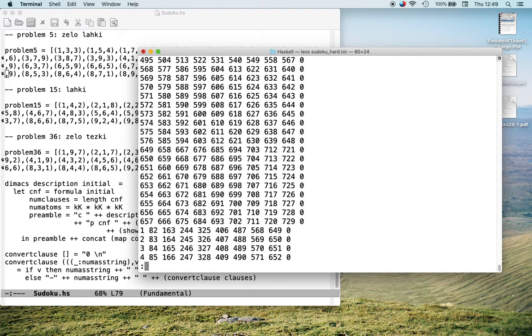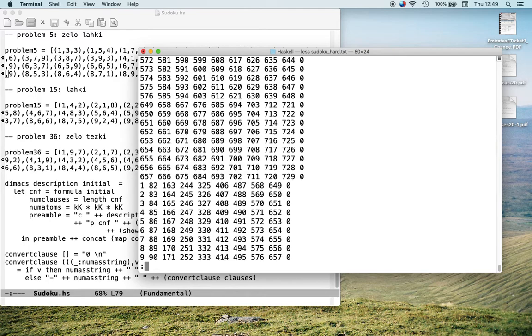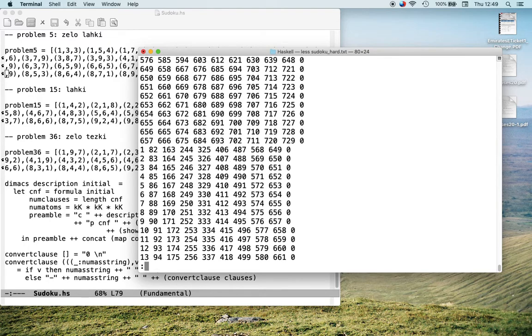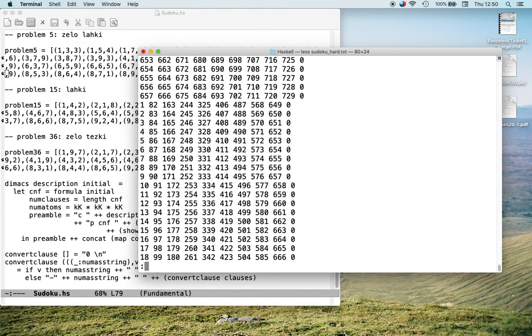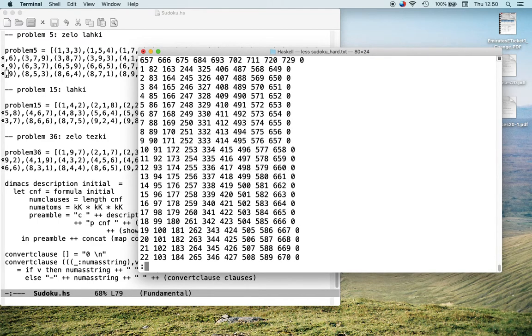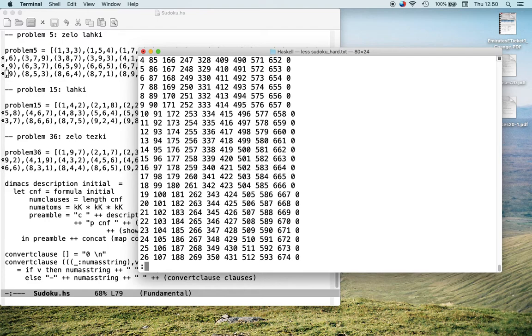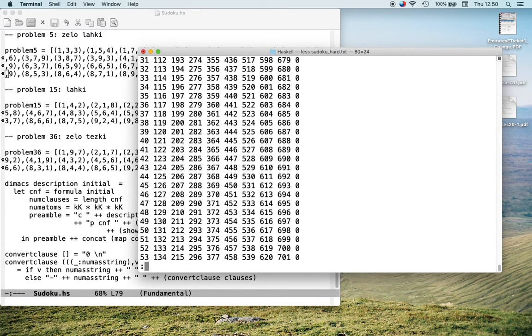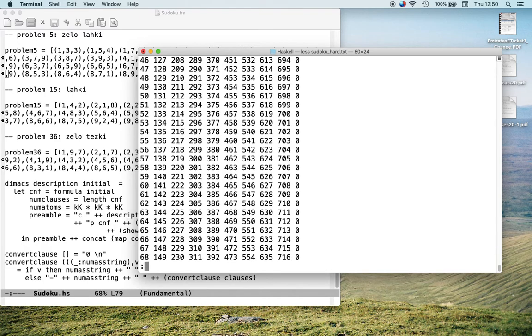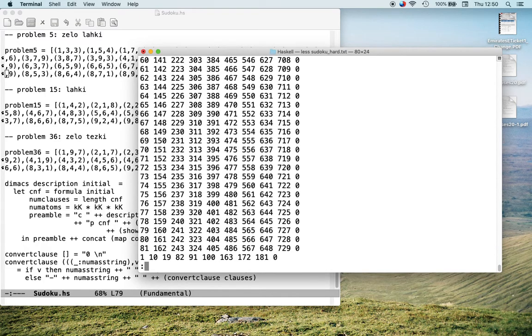And each of these clauses has 9 entries, because that was kind of how the clauses were set up. They would have the same number of literals in it, and in this case they're all positive variables, as the number of cells we have in a row. So still going down these positive clauses, I don't know how far I'm going to have to go before I get to negative clauses.